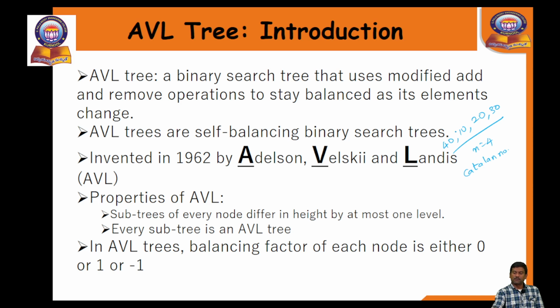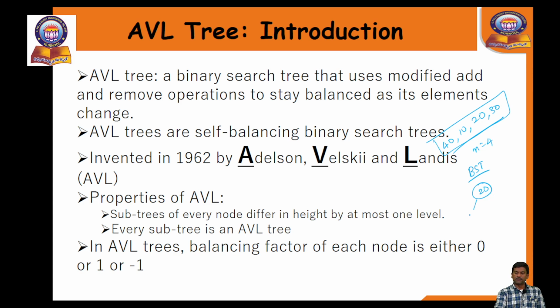So here, if you consider the given input to be 4 nodes, how can we arrange them? I'm concerned about the binary search tree. Within the binary search tree, if you start with the root node 20, the elements that you place towards the left should be less than the root node.